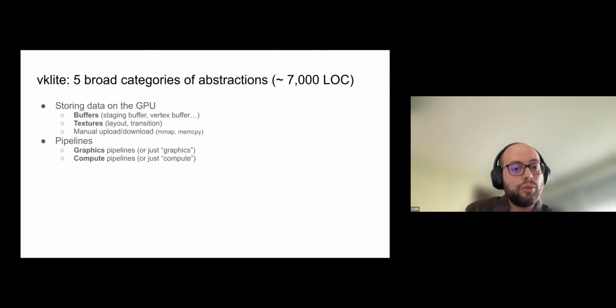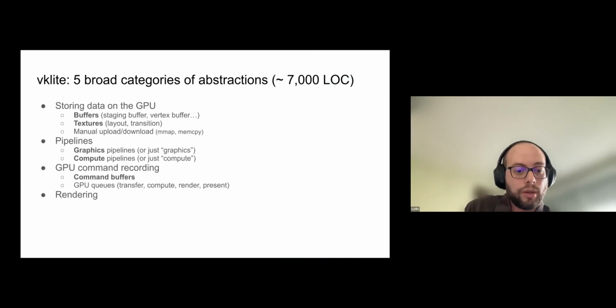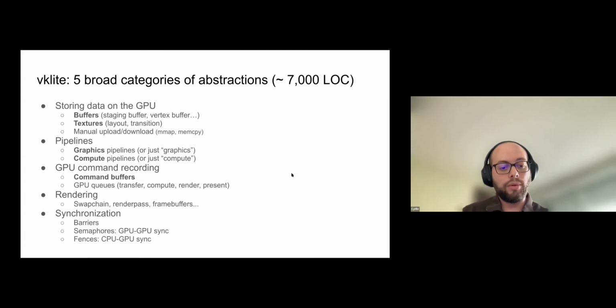You have ways to provide your shaders to define how you want to display things on the screen. You can record some commands for the GPU. Then you have things that are more specific for rendering and for the synchronization between the CPU and the GPU. It's very complicated, but all of this is basically abstracted away in higher level layers.